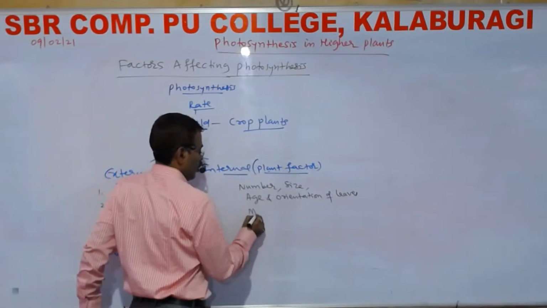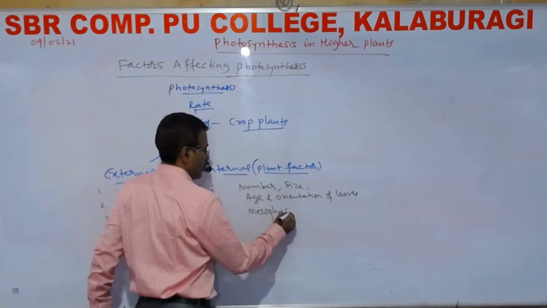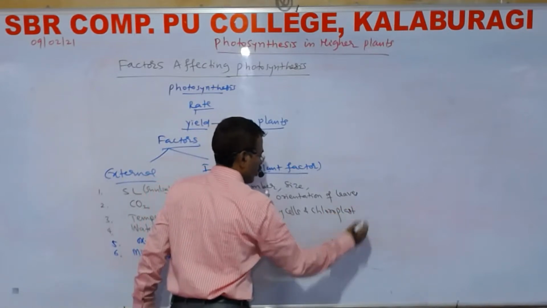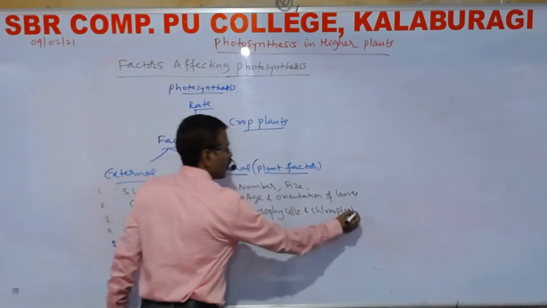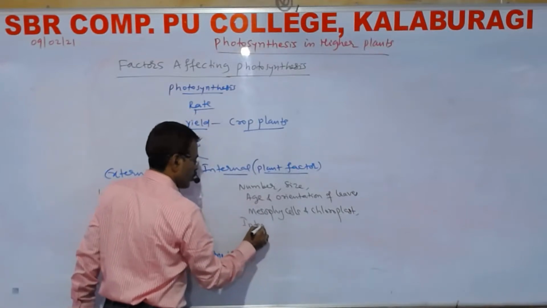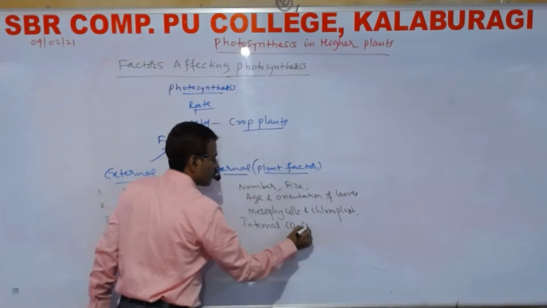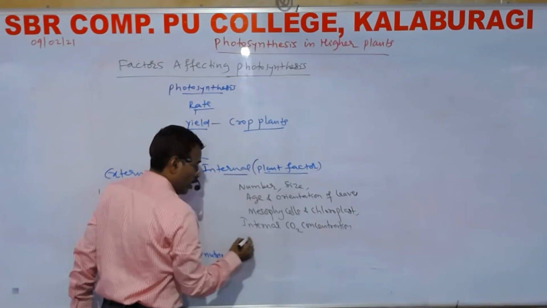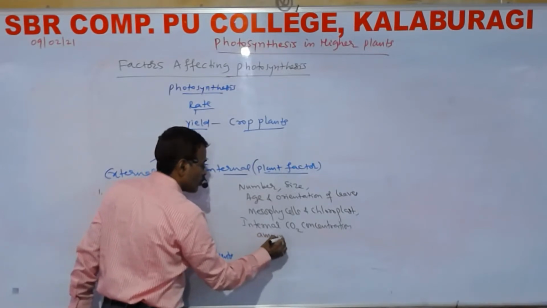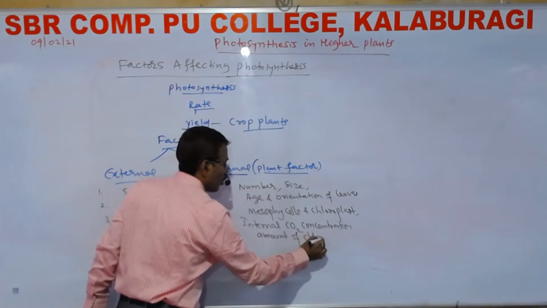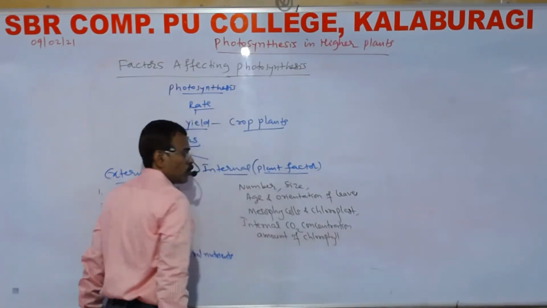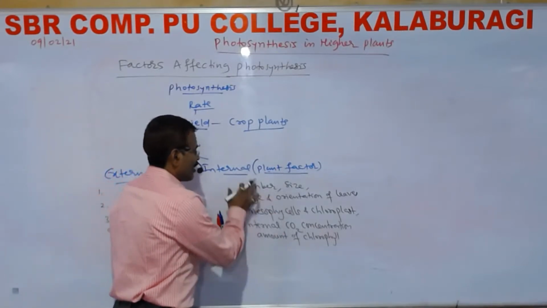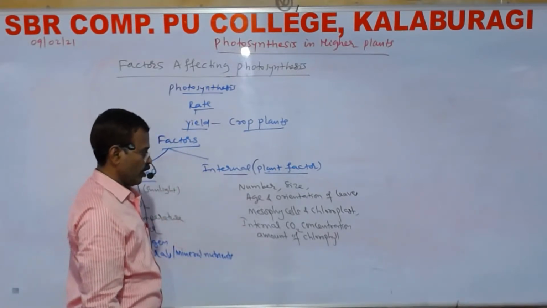Then mesophyll cells and chloroplast. Mesophyll cells and chloroplast. Then internal carbon dioxide concentration. Then amount of chlorophyll. Amount of chlorophyll. These are internal factors. Okay.